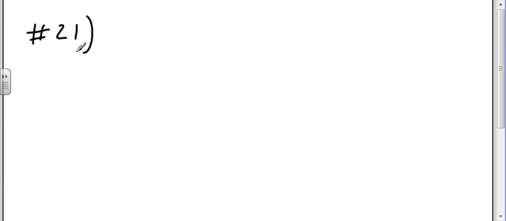Number 21. The formula for instantaneous current I at time t in milliseconds is given by this formula. I really don't think so. Where E is the voltage, R is resistance, C is capacitance in farads. Okay, find t.